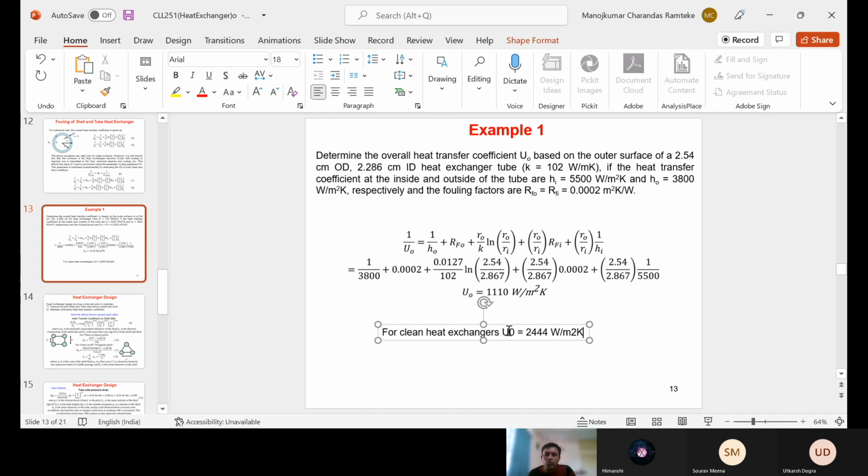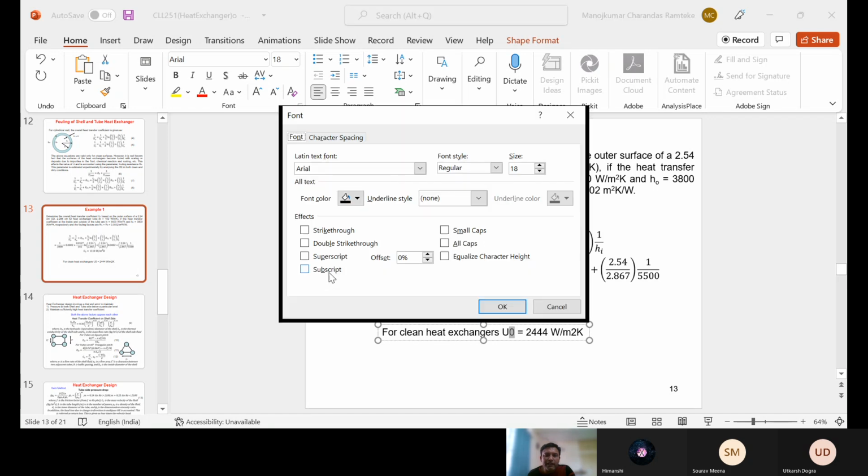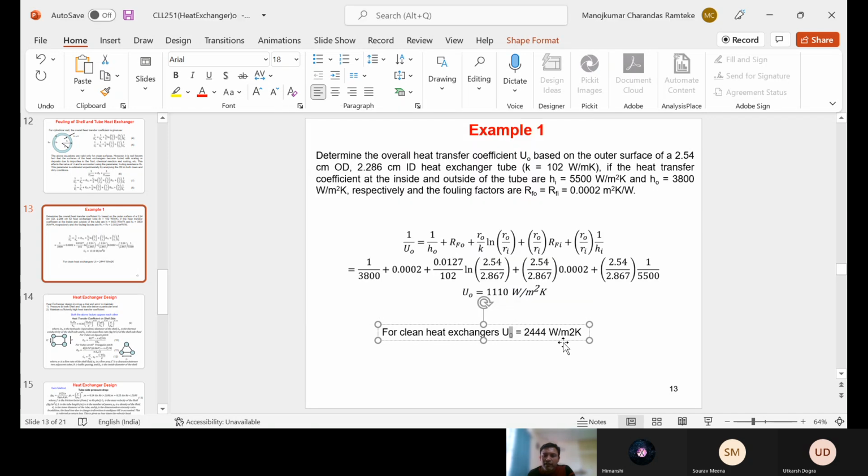This is what you are expected to get. So you can see that there is almost a 50% decrease in the rate of heat transfer.